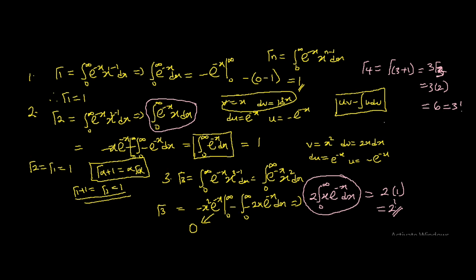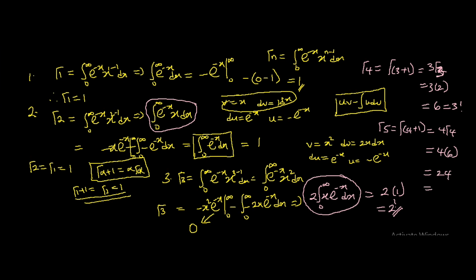So let's also look at gamma 5. Gamma 5 is going to give us gamma of 4 plus 1. Take note, I'm using this formula, which is going to give us 4 gamma 4. And this is going to give us 4 times 6, which is 3 factorial. And this is going to give us what? 24.